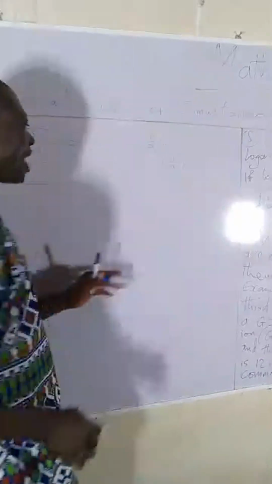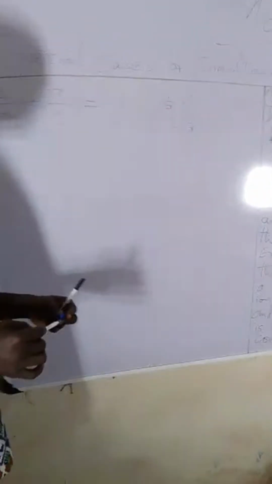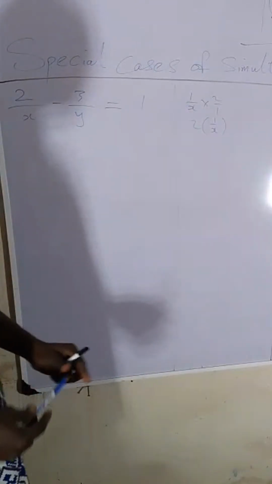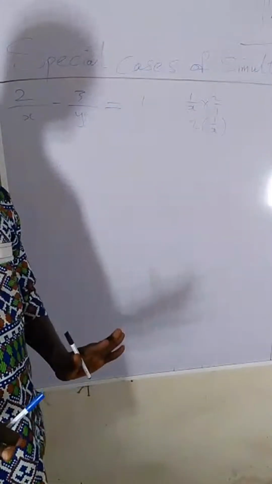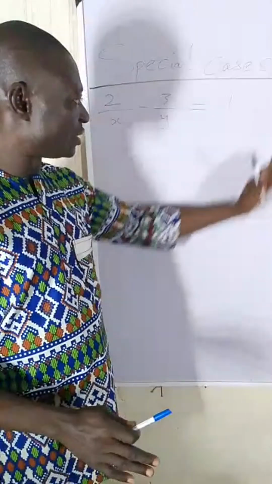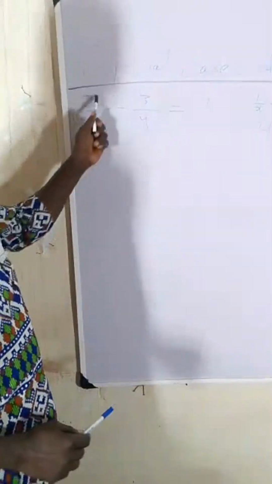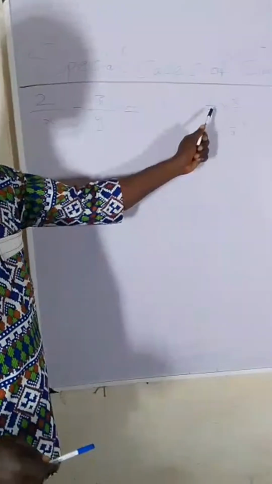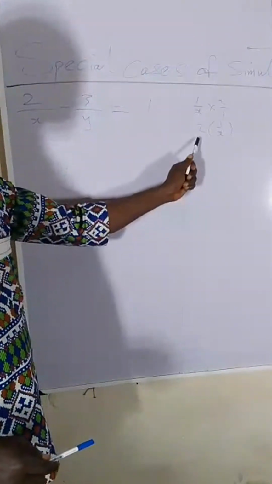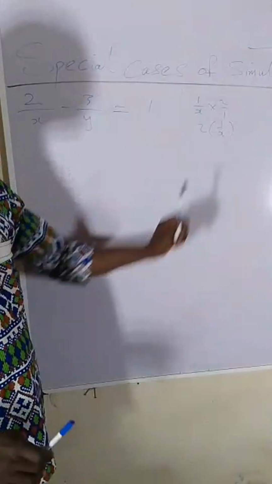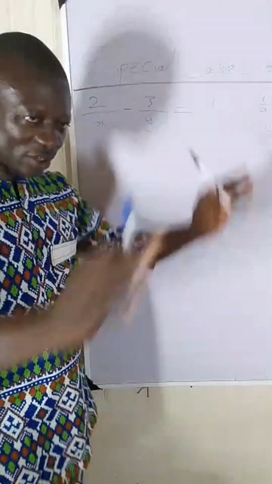So let us leave our work as 2 into 1 over x. In this situation, 1 over x becomes our unknown, and 2 becomes the coefficient. So 2 over x, through what I have done here, has become 2 into 1 over x. So let us work it like that.